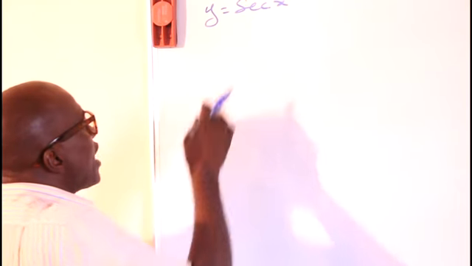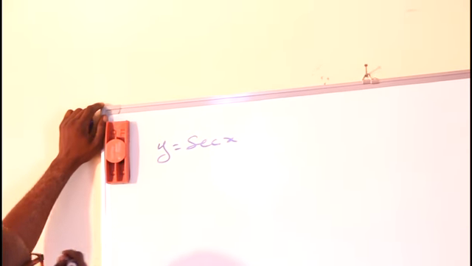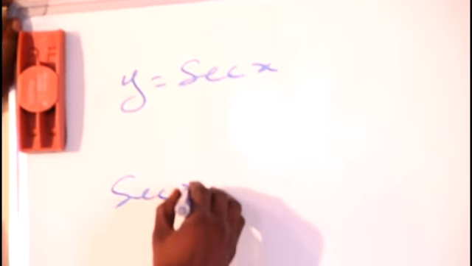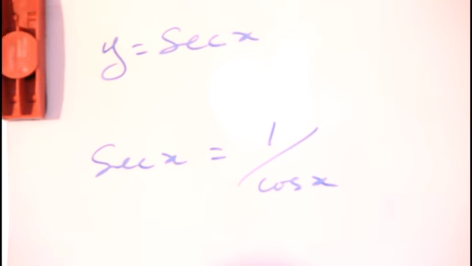Sec x. If we are asked to find the derivative of the function y equal to sec x, what we need to know is that sec x is equal to 1 over cos x.